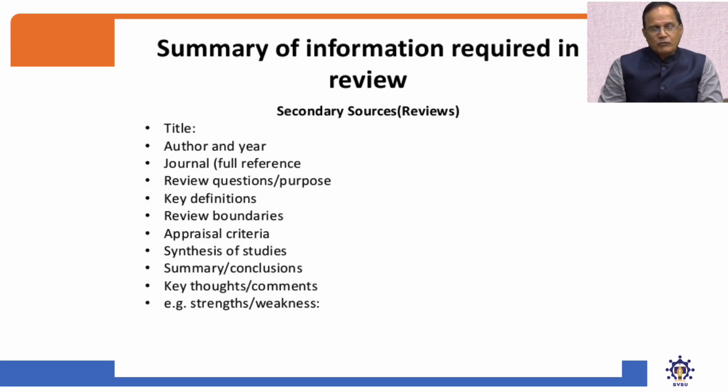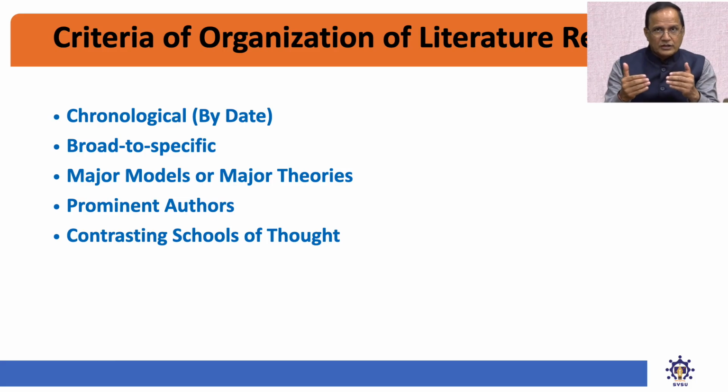And this can be done for both the primary sources as well as secondary sources. Primary sources are the sources which have freshly come into existence, whereas secondary sources are those which are already published.